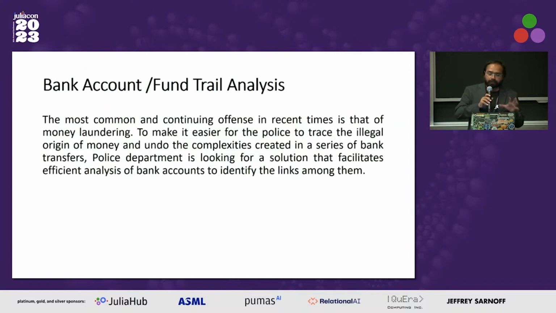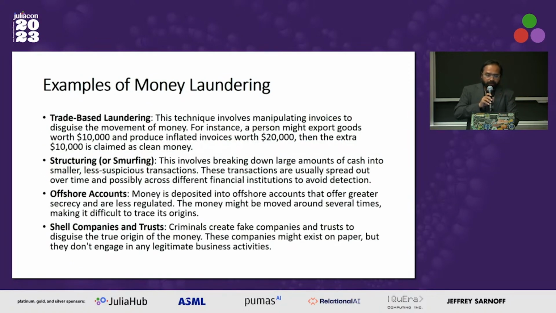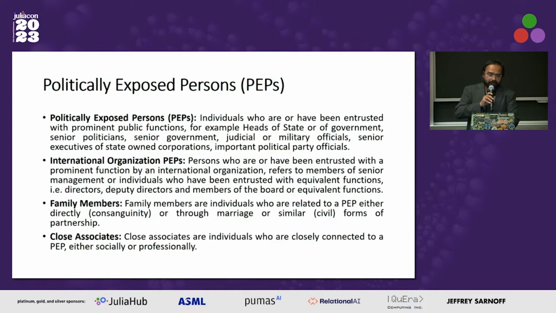So this is one of the pressing problems. In India, in most of the recent hackathons, we are seeing this problem being given by investigative agencies. So, examples of money laundering. I'll skip this. One of the important parameters which we need to consider is politically exposed persons.